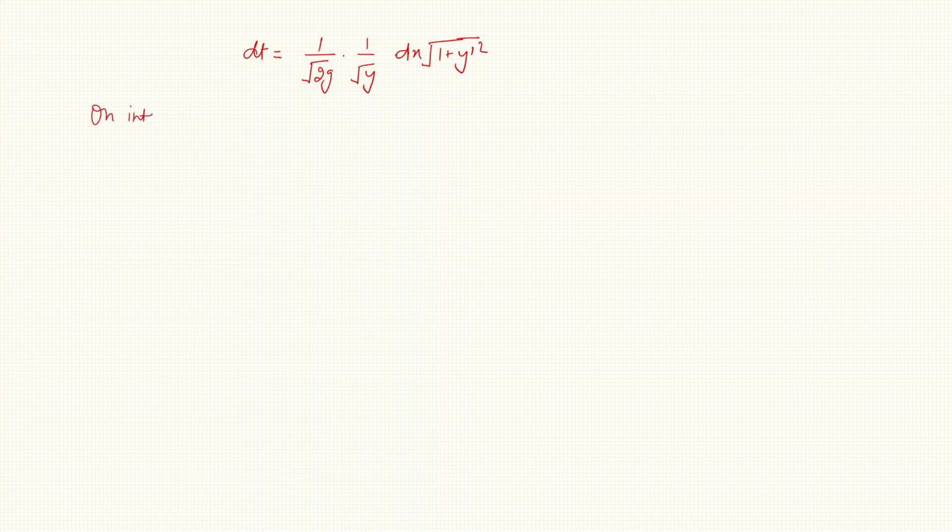On integrating this, we can write t is equal to 1 upon under root 2g, integration of under root 1 plus y′ square upon under root y dx.